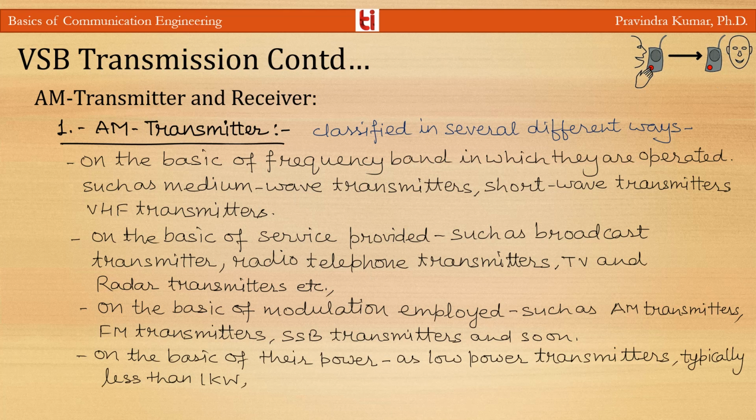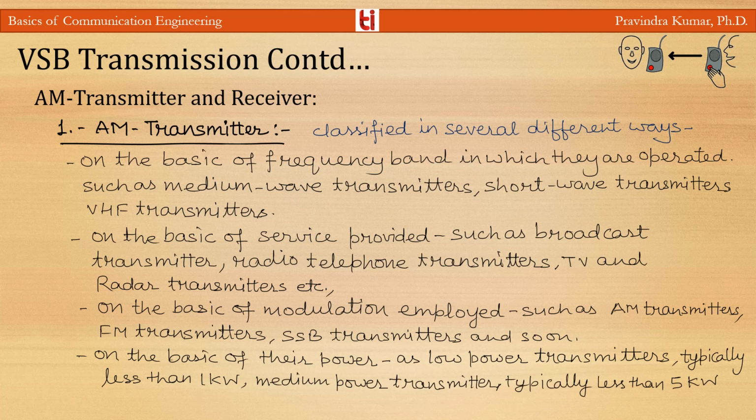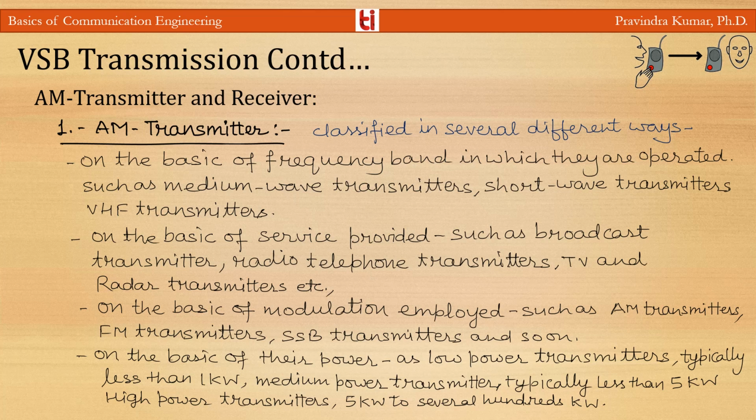And also on the basis of their power, as a low power transmitter, typically less than 1 kilowatt, medium power transmitter, typically less than 5 kilowatt, and high power transmitter, typically 5 kilowatt to several hundred kilowatt. These are the several classifications of the transmitter based on the frequency band, services, modulation, and power.